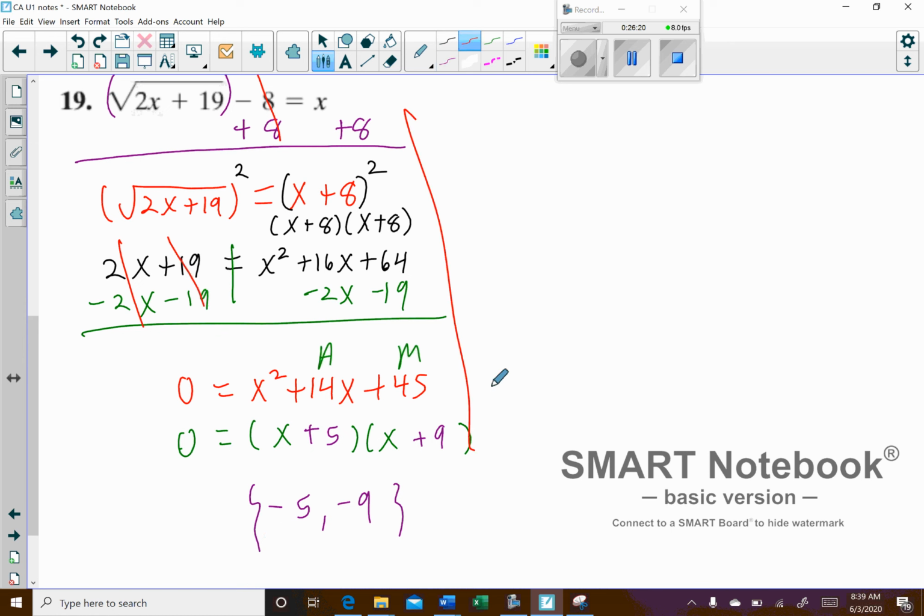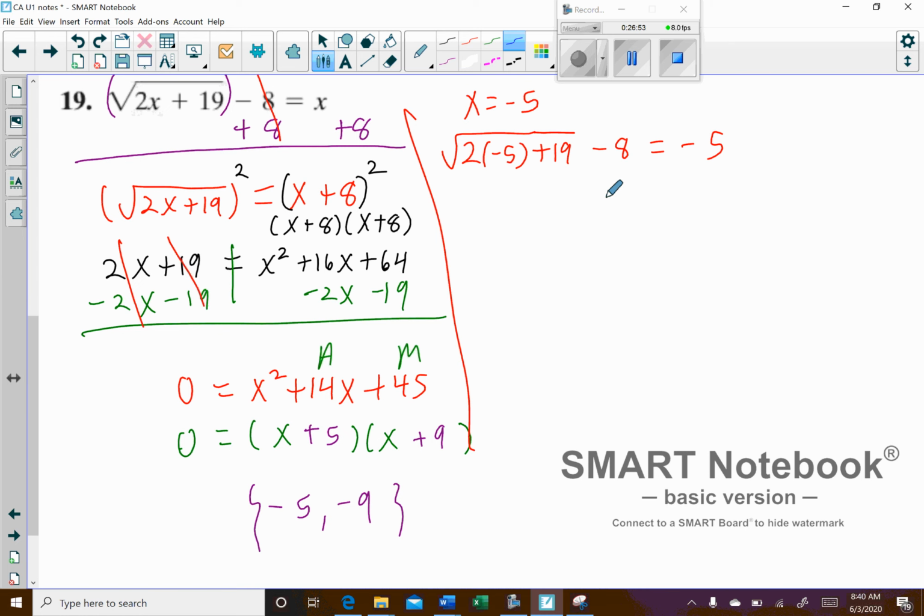So we're going to go ahead and check it. So x equals -5. Let's see, the square root of 2 times -5 plus 19, take away 8. Does that equal -5? You might be thinking, how is it going to equal a negative? Well, you have that -8 right there, so it's possible that it could equal -5. So we'll go ahead and finish this out.